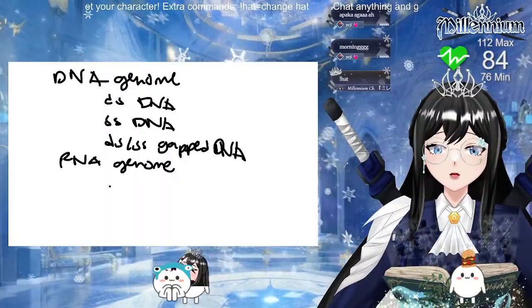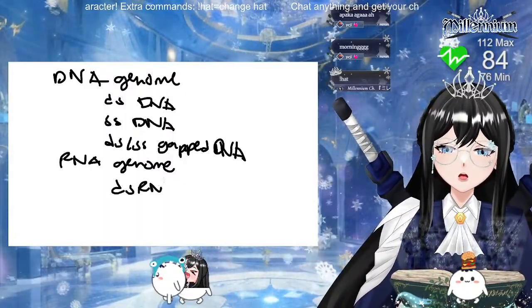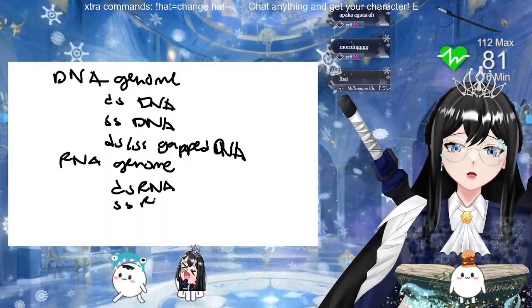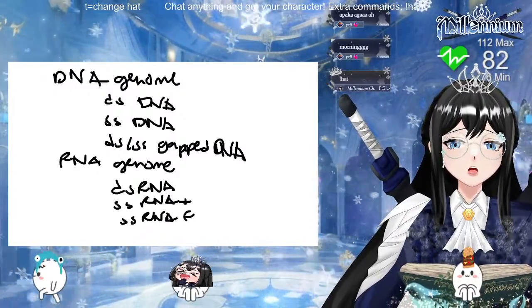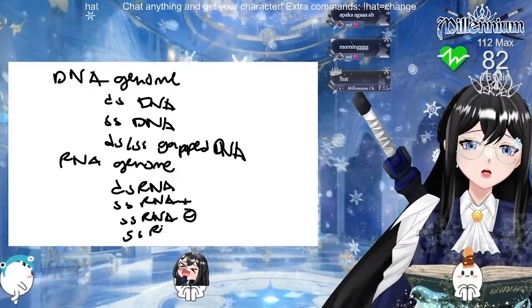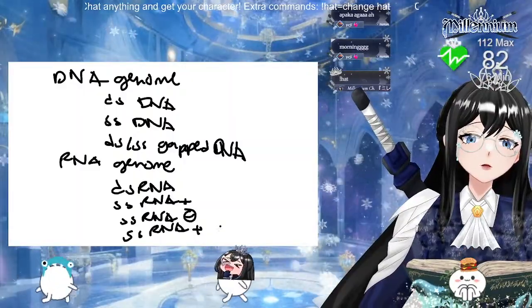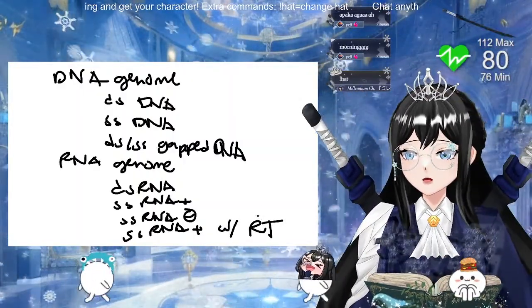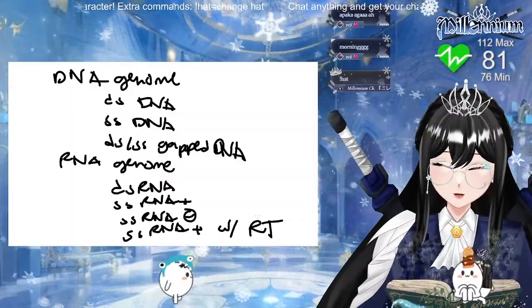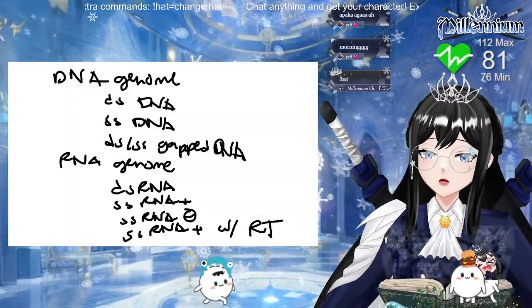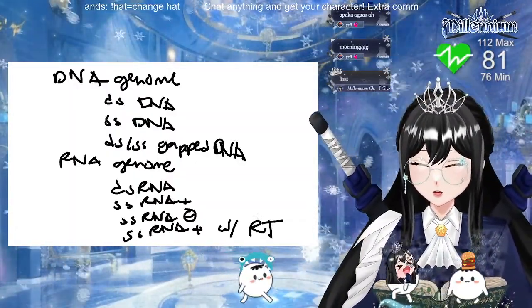RNA viruses would be dsRNA, ssRNA positive, ssRNA negative, and then ssRNA positive with reverse transcriptase. Nice! So the distinctions determine the replication site and enzymes needed.